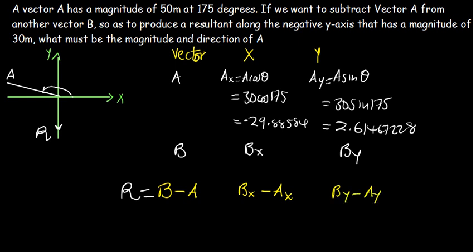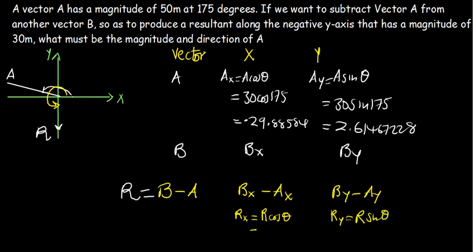Now, what is the x component of B? We don't know that. But we know the resultant is along the negative y-axis. Whenever something is along the negative y-axis, the angle that it makes is 270. So the x component of the resultant is the resultant itself times cos theta, and the y component is the resultant times sin theta.